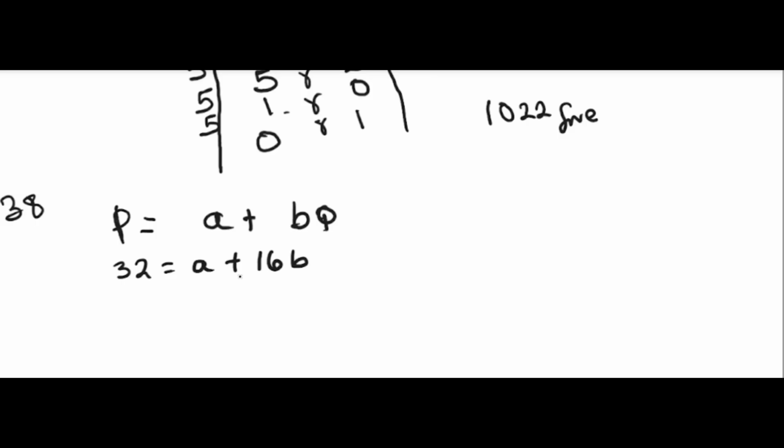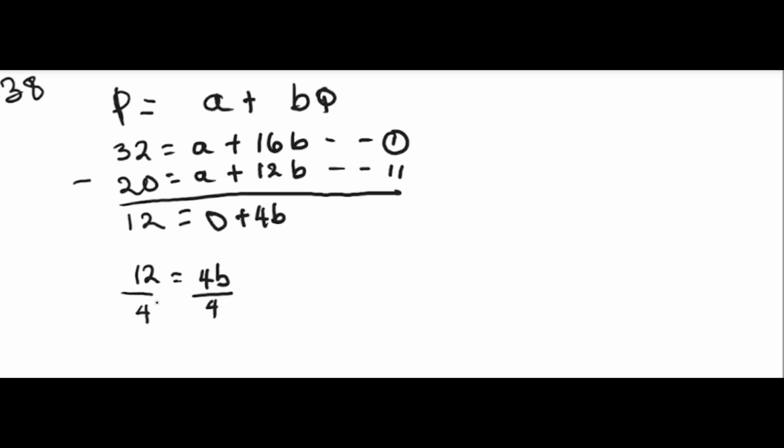So since A has been eliminated, we find B by dividing both sides by the coefficient of B, which is 4. So we'll have our B to be equal to 3.